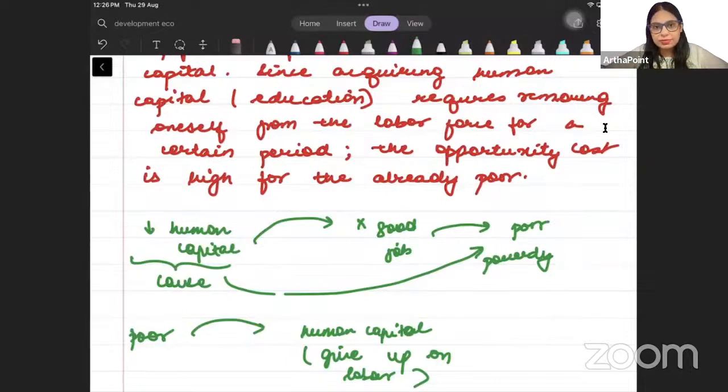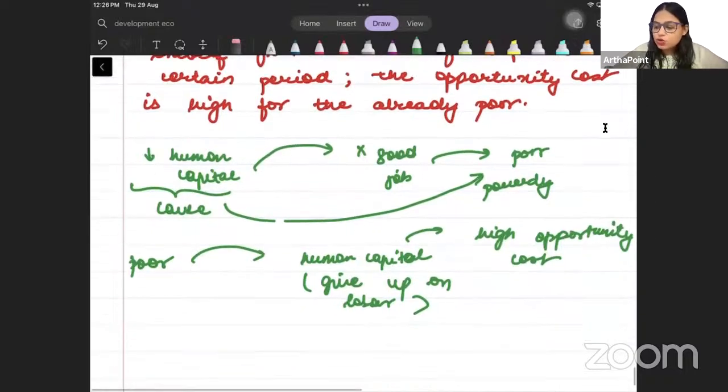They will have to exit the labor force. And this is associated with a very high opportunity cost, because you are losing the money you could have earned. So it means that you will not be acquiring this human capital. Very few people will pursue this education.